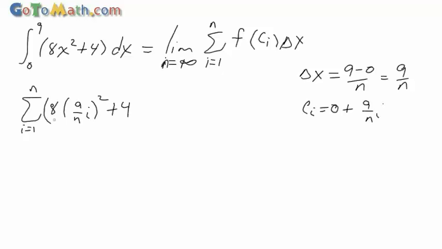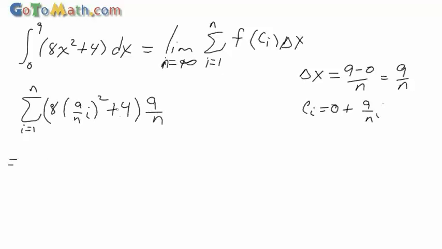And I'll even put parentheses around that. And then our delta x, well, these two are kind of similar. Differential of x there, delta x, change in x. That's 9 over n. 9 over n. There you go.